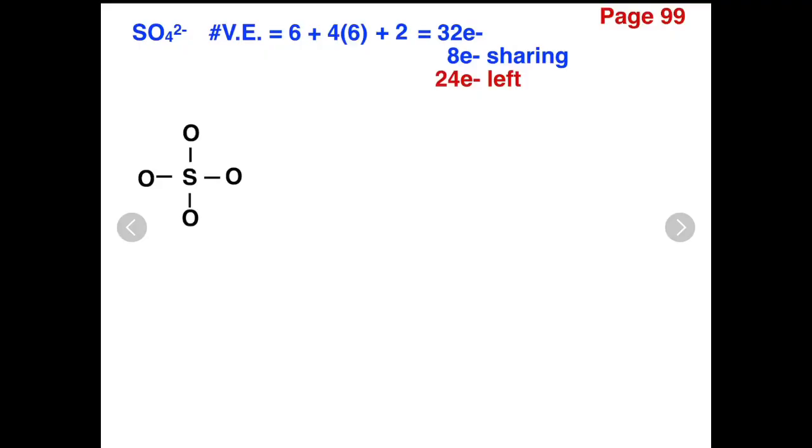Well, we already said we are always going to distribute these 24 electrons onto the outer or terminal atoms. So in this case, I'm going to distribute those. 24 divided by 4 is 6, right? So you can add 6 electrons around each oxygen, and that also gives oxygen an octet. So according to this structure, it seems to be valid, right?